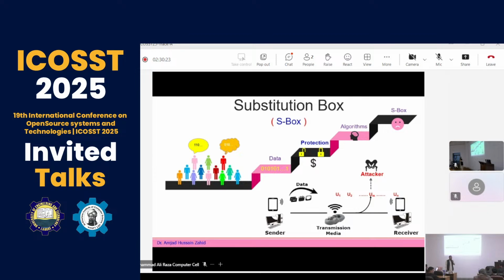Either it will be WhatsApp, email, or some other medium. Assume there is an attacker, a person who is watching this conversation. What will that person do?